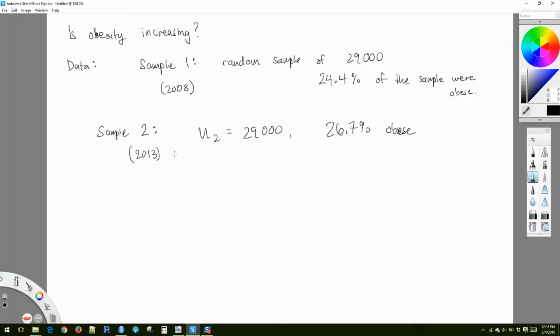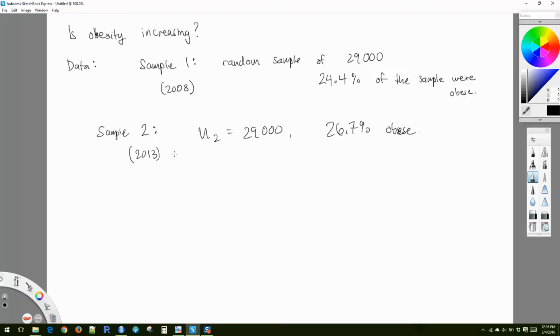I should really write 0.244 because it's a proportion. For sample 2, n2 is 29,000, and p-hat 2 is 0.267.